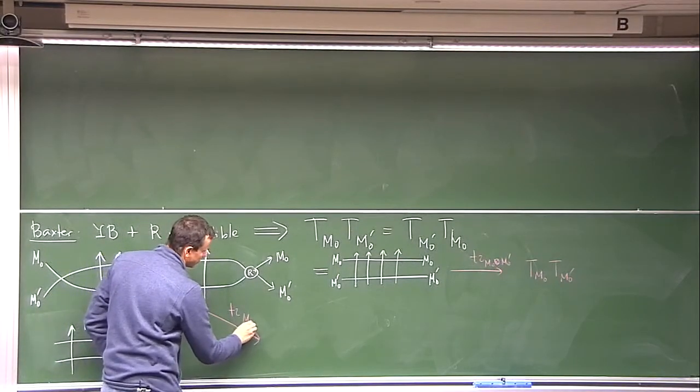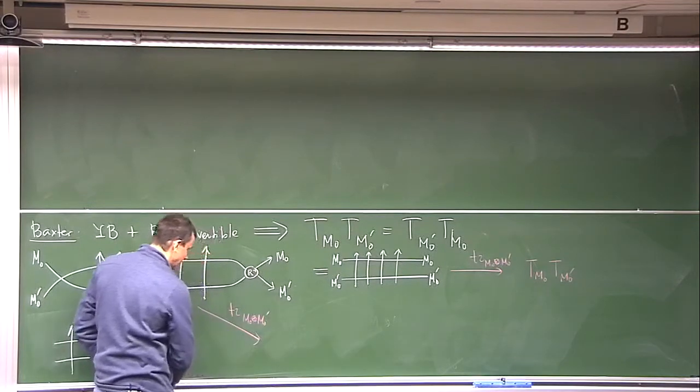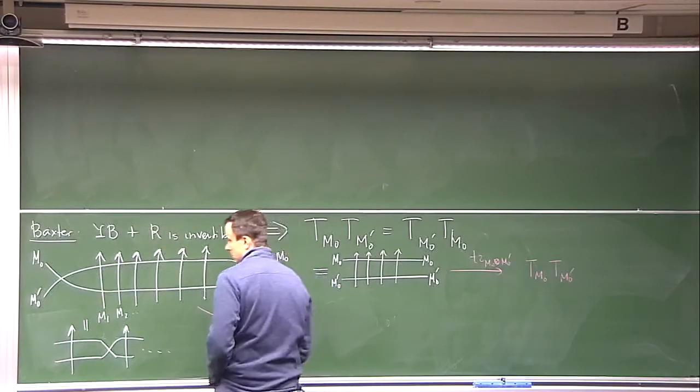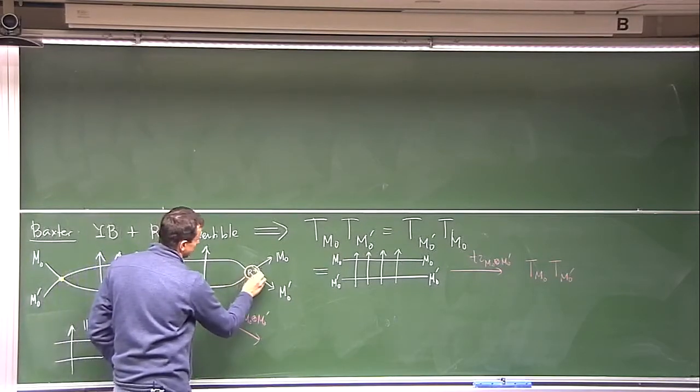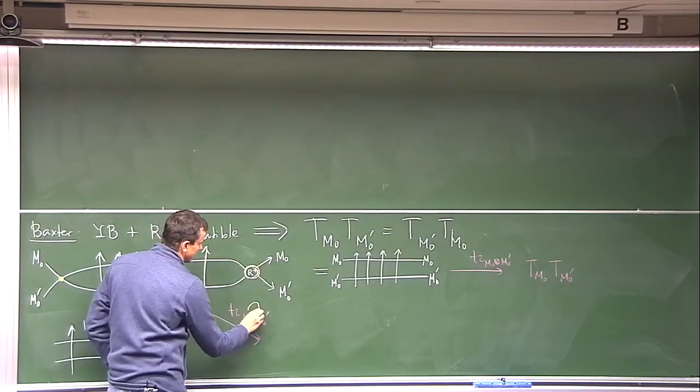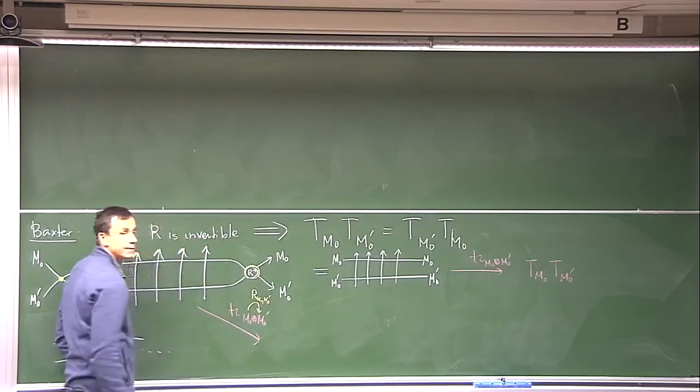It takes M0 tensor M0 prime, and this is where this crossing here and its inverse crossing there, this is where these R matrices act. R M0 R M0 prime.